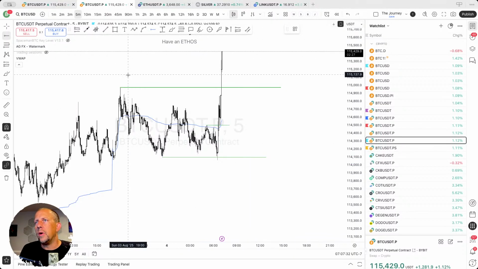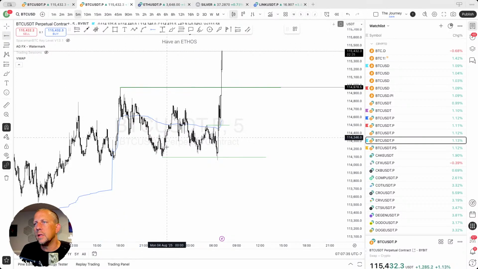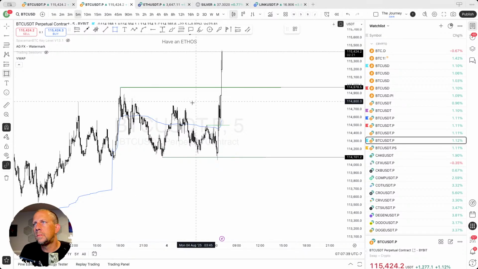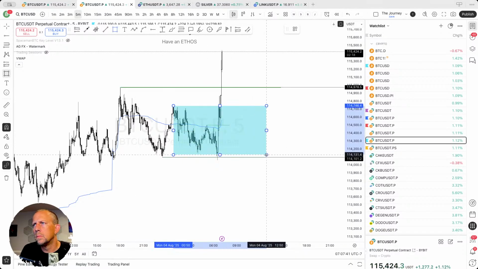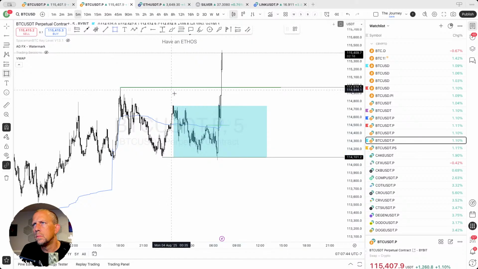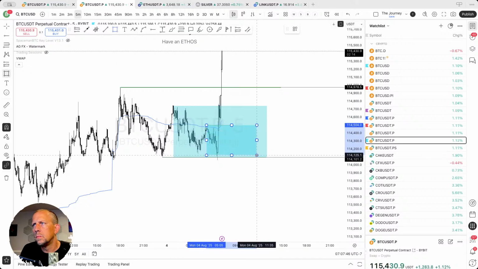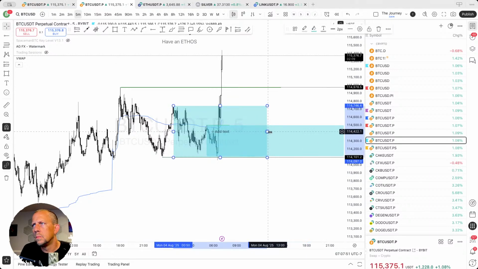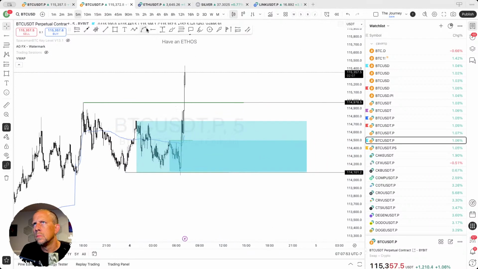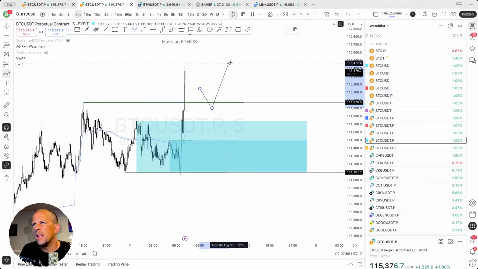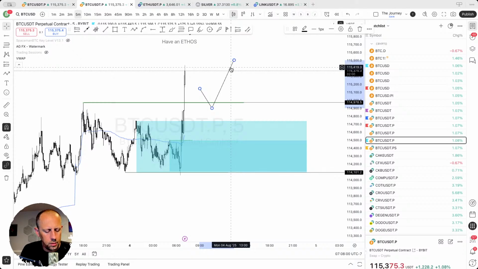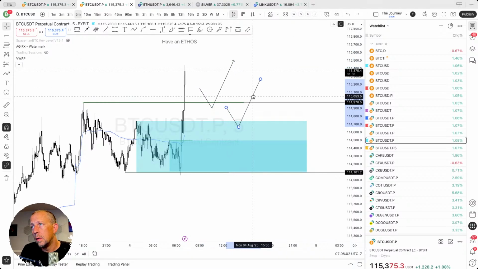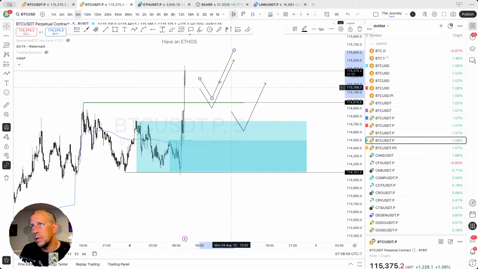Oh, let's just put some rays on it. If it's that significant, let's label the damn thing. In the event that we were to get a back test into one of these areas, I think that would be interesting.